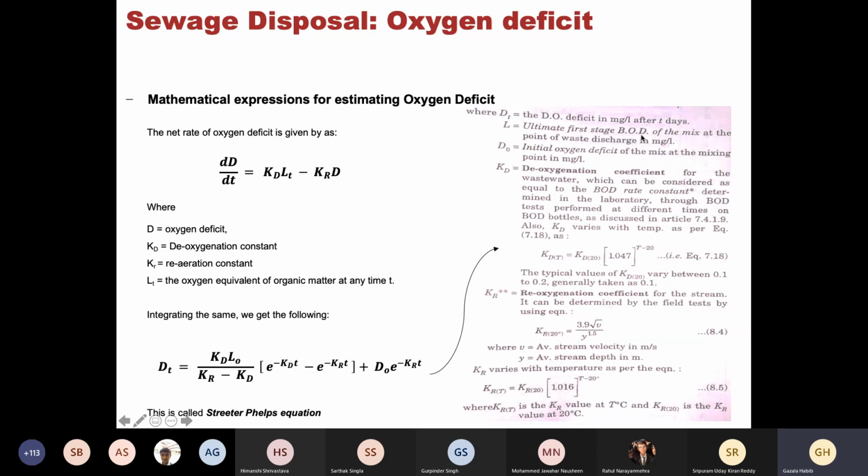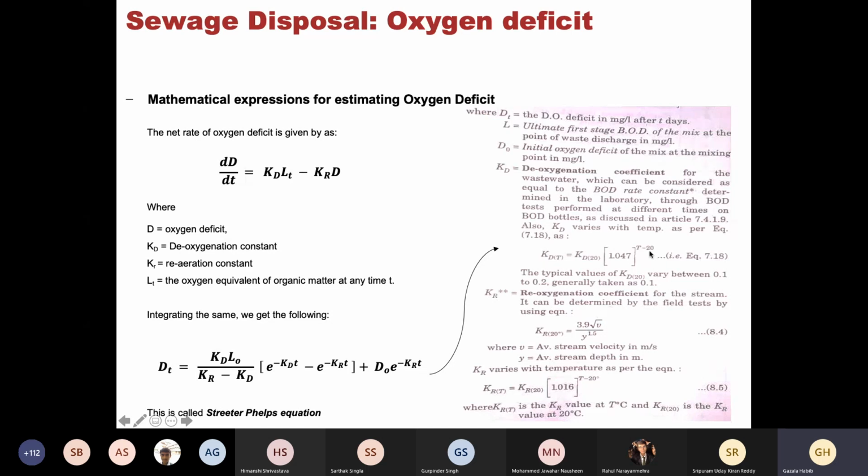We have learnt about that ultimate first-stage BOD of the mix, not of the sewage or effluent. It's of the mix at the point of waste discharge. D0 is the initial oxygen deficit of the mix at the mixing point in mg per liter.